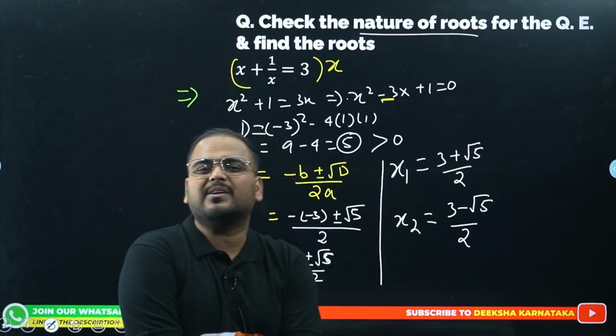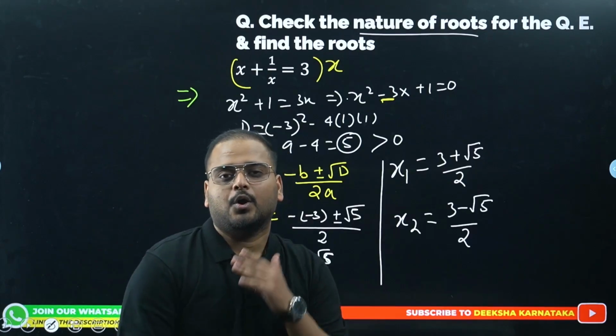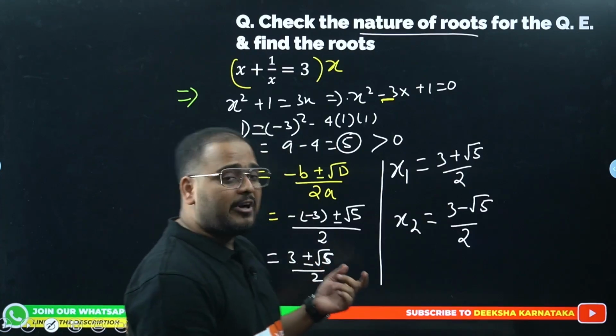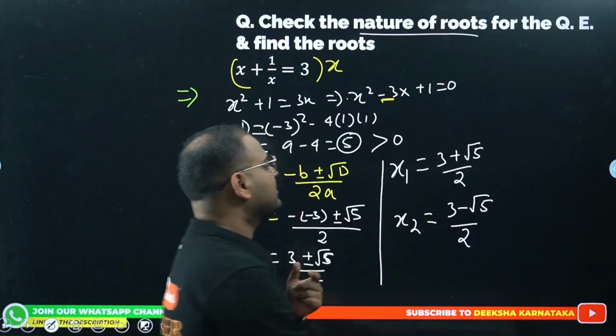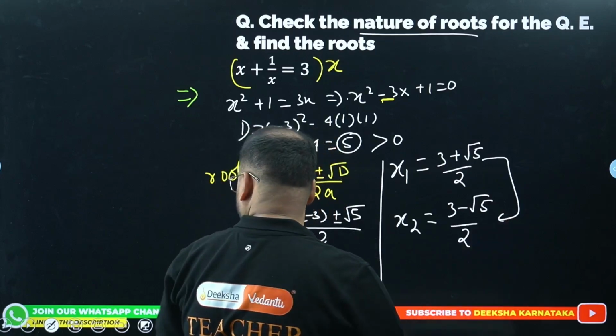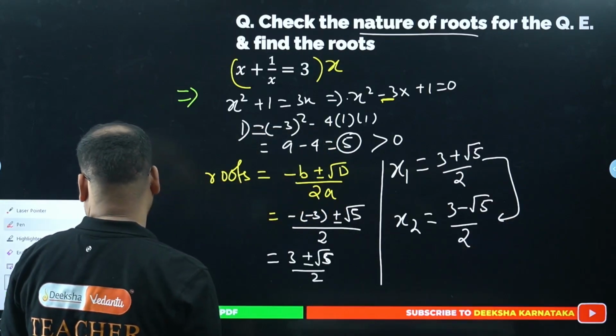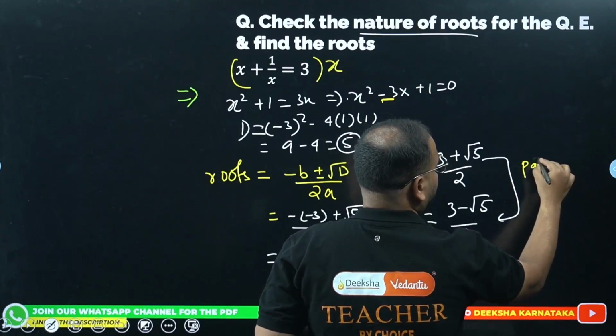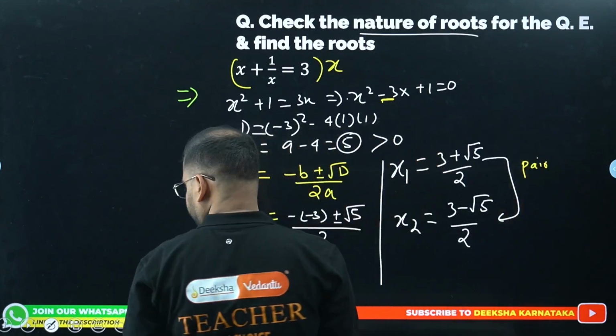So one very important point you can understand or make a remark here is that whenever the roots are irrational, they will be in conjugate pairs.